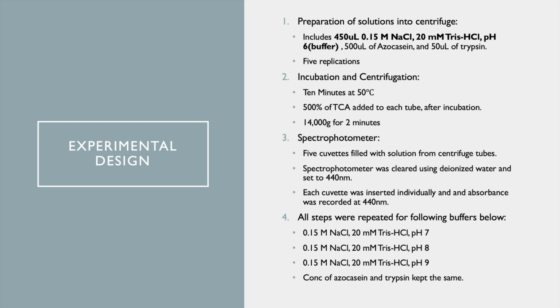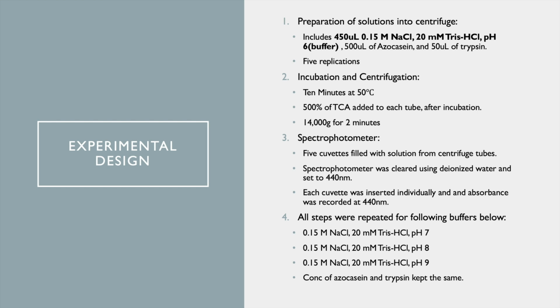The liquid portion of the centrifuge tubes was inserted into 4 separate cuvettes. Once the cuvettes were prepared, the spectrophotometer was cleared using deionized water and set at 440 nanometers. Each of the cuvettes was inserted into the spectrophotometer individually, and the absorbance was recorded for each of them at 440 nanometers.